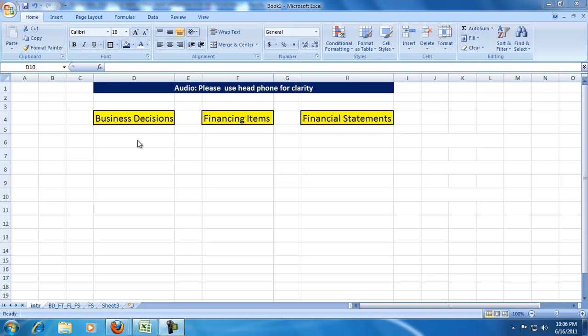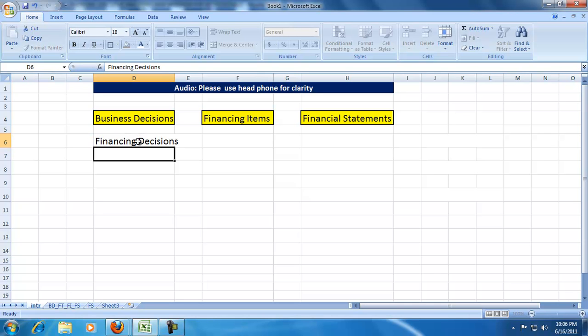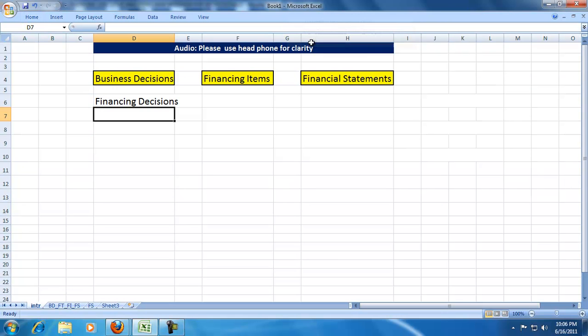What are these business decisions? A business can take several decisions, but all the decisions can be classified into three broad categories. One is called financing decisions, investment decisions, and operating decisions.